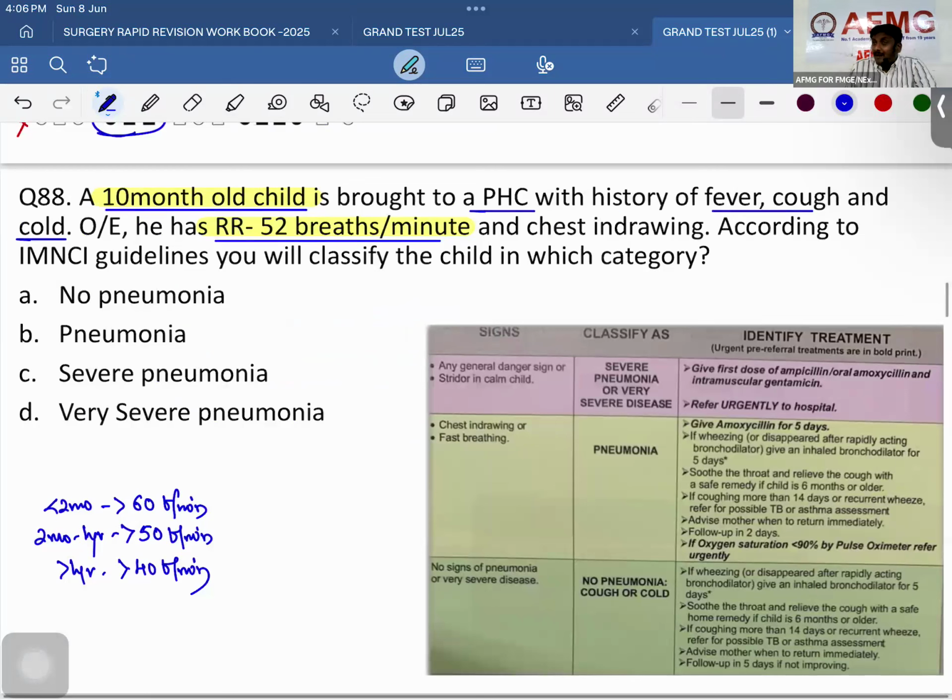Now, here the child definitely has tachypnea, along with that the child is also having chest indrawing, beta. Okay, so according to the IMNCI guidelines, that is integrated management of neonatal and childhood illness, under these guidelines you will classify the child into which category, beta? Very good.